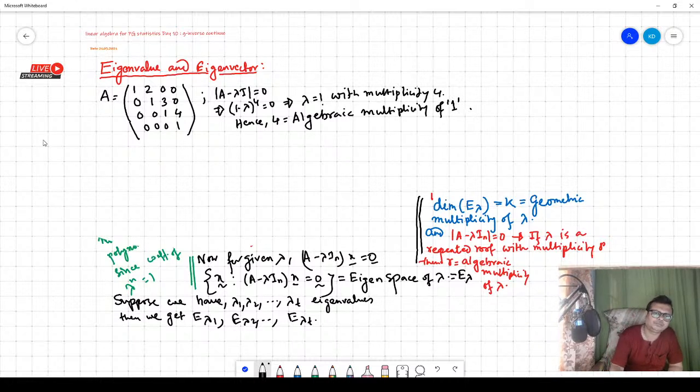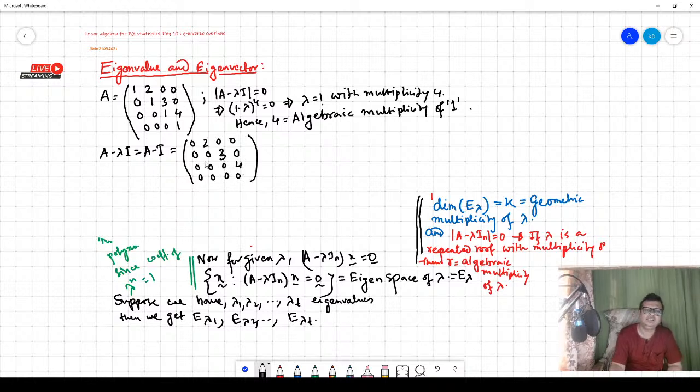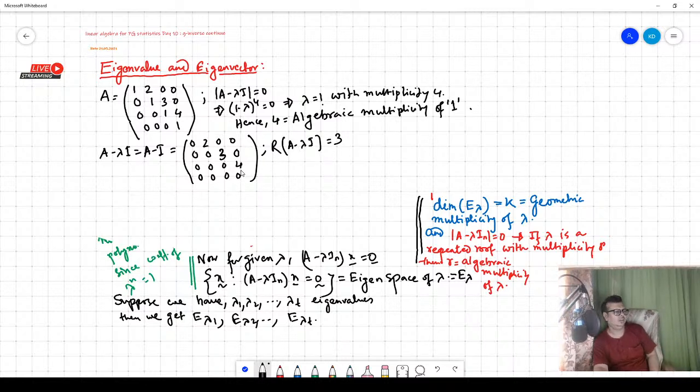Now A minus lambda I, here lambda is 1, so this is simply A minus I and it is this. We easily see that the rank of A minus lambda I is 3 because 3 rows are independent, and this is easily checked.